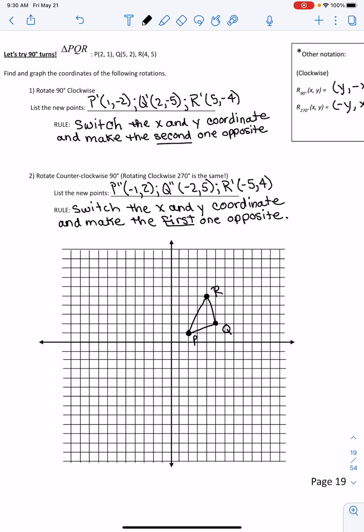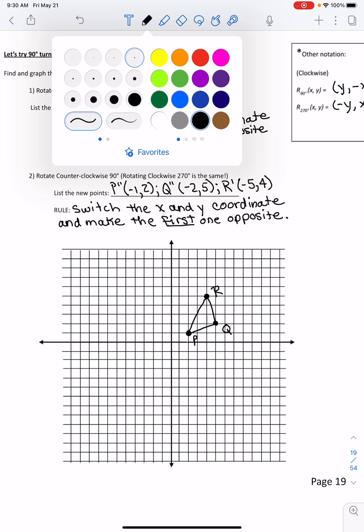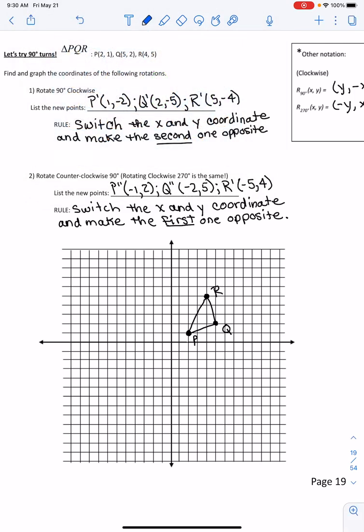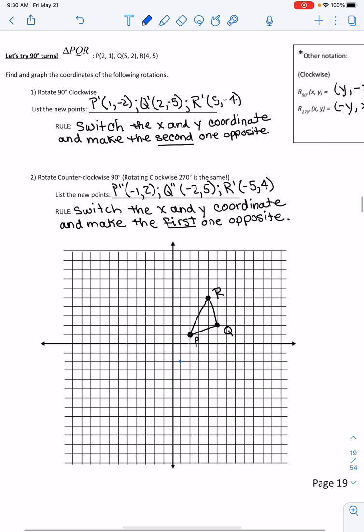Now when I draw and I rotate 90 degrees, let me change the color here, and let's make this blue. So P prime would be 1, negative 2. Q prime is 2, negative 5.